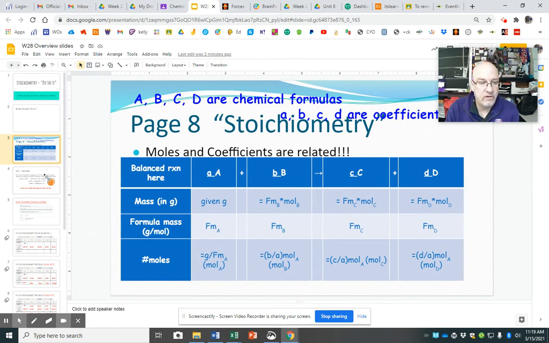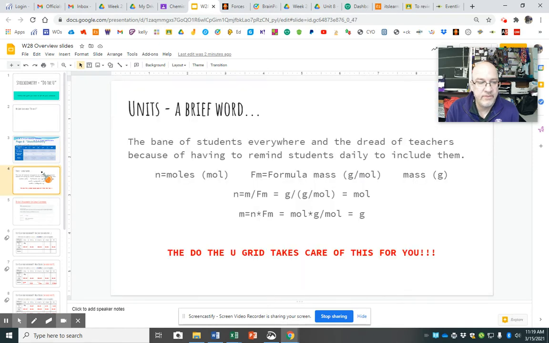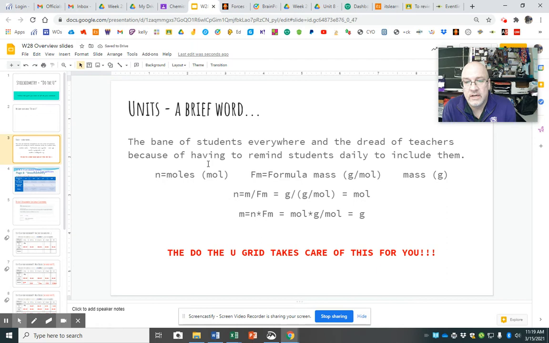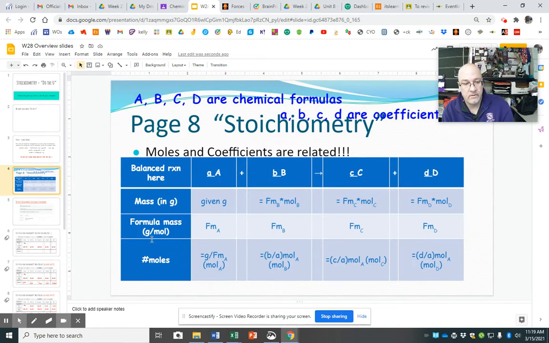One real quick, brief thing I want to mention first is units. We will not talk a lot about units in the do the U grid. The units are there, all on the side here. Everything in this column is grams, everything in this column is grams per mole, and everything in this column is moles.